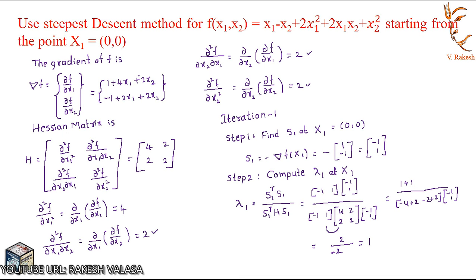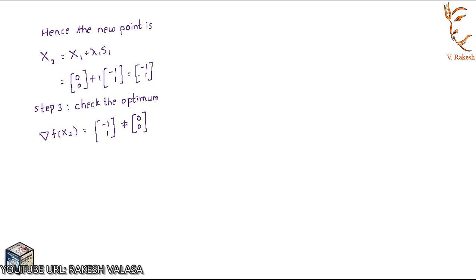That means 1 plus 4x1 plus 2x2, that means 1 plus 4 into minus 1 plus 2 into 1. Second one, minus 1 plus 2 into minus 1 plus 2 into 1. These values are not equal to 0. So this x2 value is not optimum.